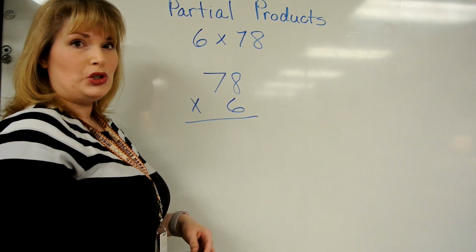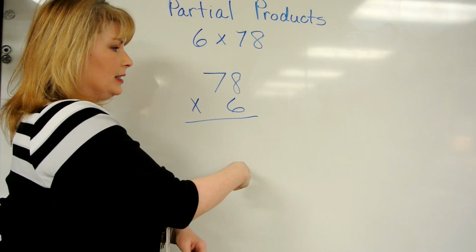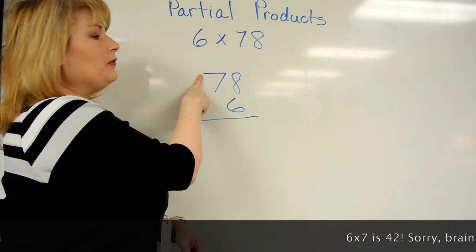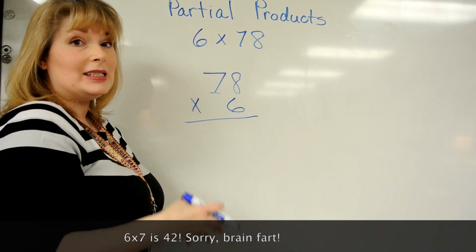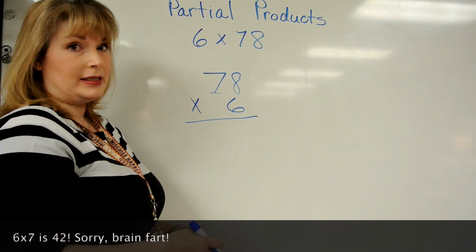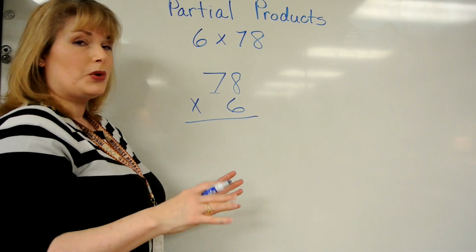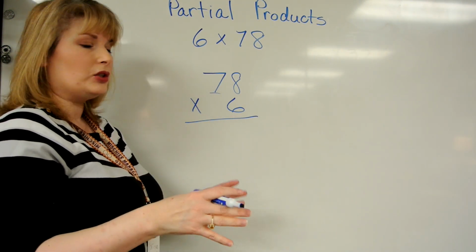I don't want my students to say 6 times 8 is 48, 6 times 7 is 35. Because the truth is, this 7 is not really a 7. This is a 7D. This 7 is worth 7 tens. It is significantly larger than just a regular 7.